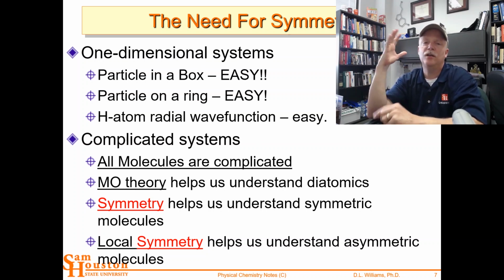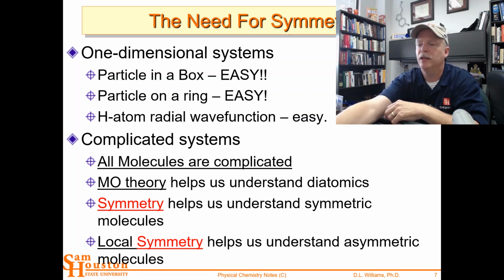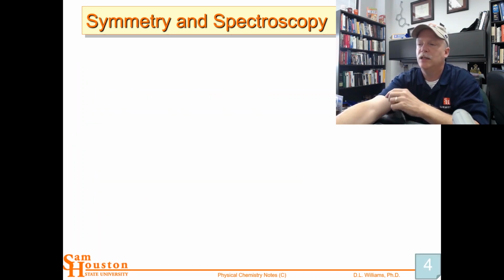And so even in a huge, complicated asymmetric molecule, we can understand something about its bonding, its chemical nature, and its spectroscopy by looking at local symmetry. So the planar species, we can understand them individually by looking at their reflective nature from the sigma planes, from their reflective planes. So let's walk through this.